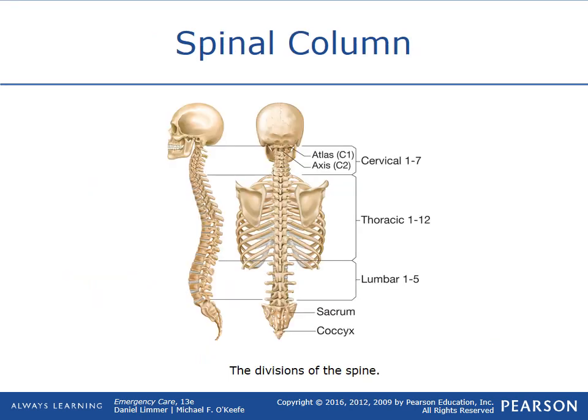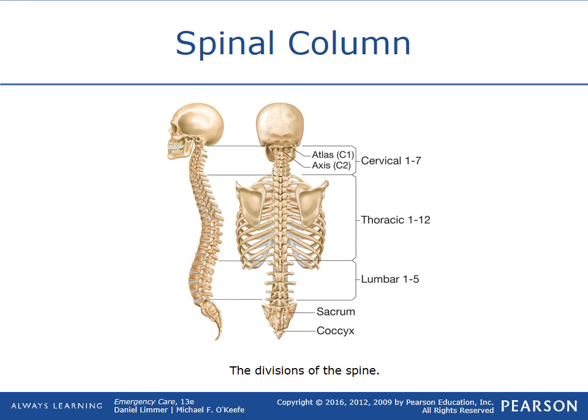And here's a picture, same as on page 120, of your cervical, thoracic, and lumbar, and then sacral and coccyx vertebrae. You notice at the very top there, the atlas and the axis. C1 and 2, those are very critical bones. That's up there where it connects into the brain.